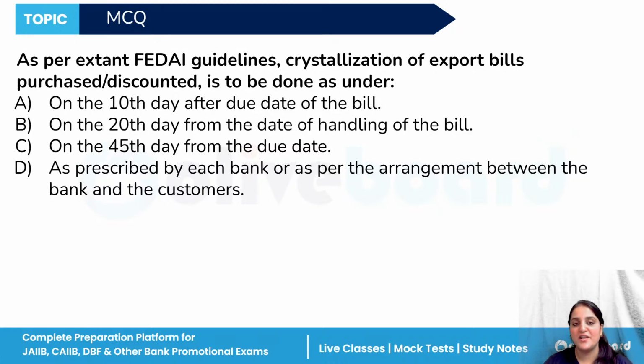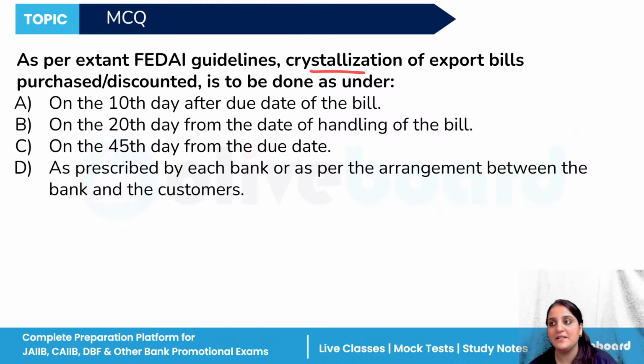As per the extant FEDAI guidelines, crystallization of export bills purchased or discounted is to be done under what? The crystallization process for export bills can vary based on the policies of individual banks and specific arrangements made with the customers.